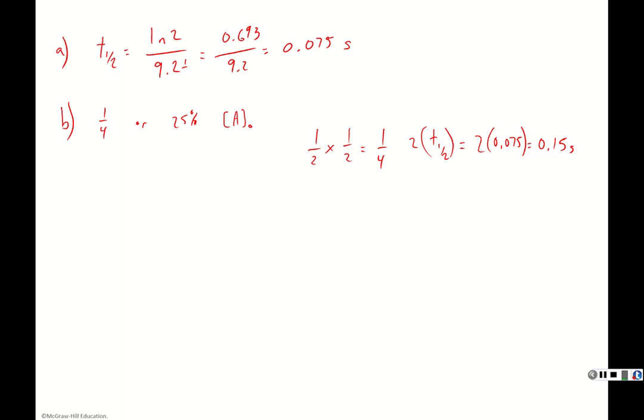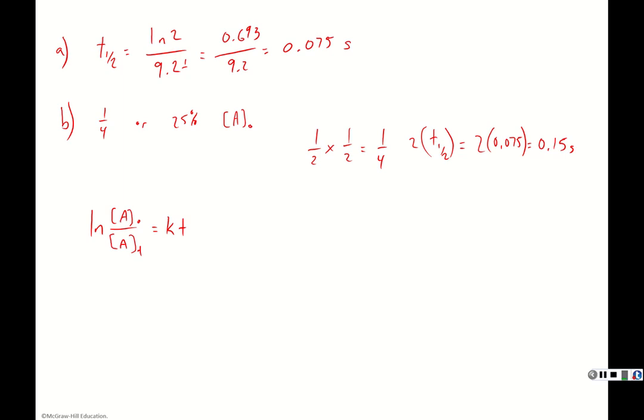But if you don't remember that, or you don't see that right away, you can use the integrated rate law. Right, so ln of A naught over A t equals kt. And I should mention too, if you ever forget the equations for the half-life, you can just use the integrated rate law and calculate them and basically find them.